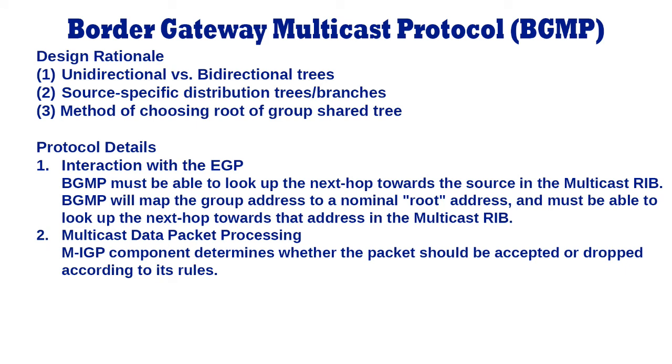If the packet arrived on an interface owned by an MIGP, the MIGP component determines whether the packet should be accepted or dropped according to its rules. If the packet is accepted, the packet is forwarded or not forwarded out any other interfaces owned by the same component as specified by the MIGP.